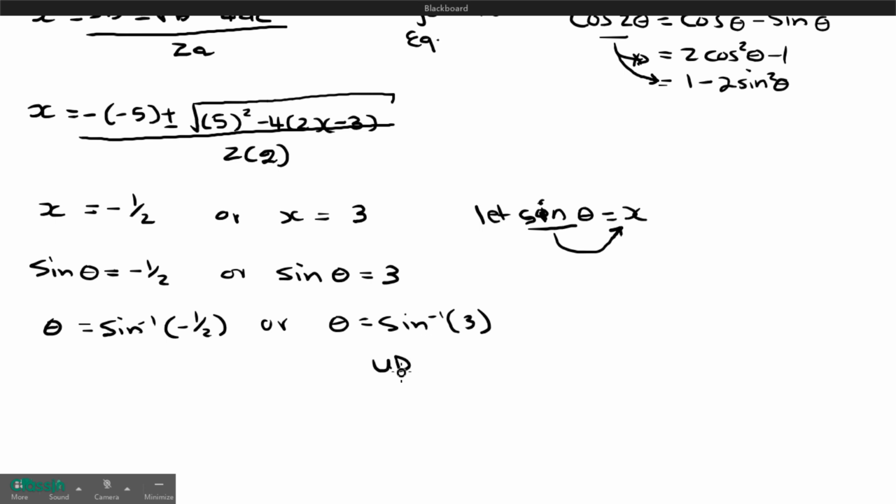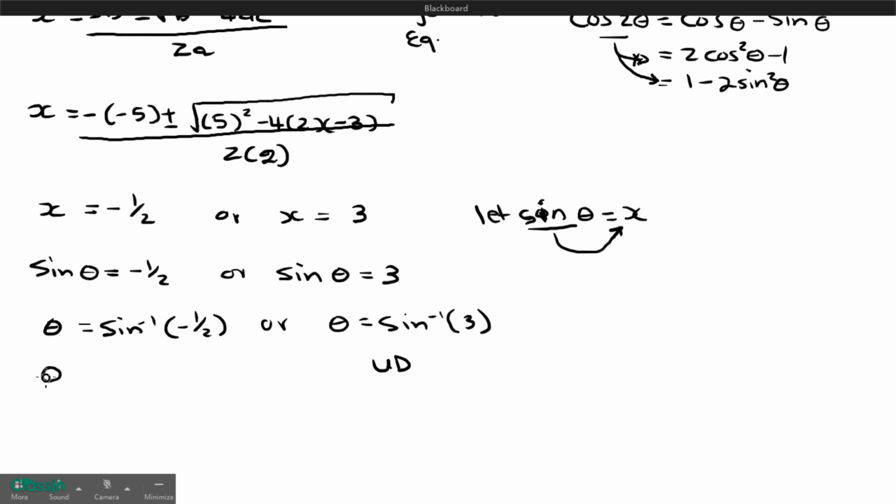This one already is undefined because of the whole number there. Now, with this one, according to the calculator, arc sine of negative 1 over 2 is the same as negative 30.